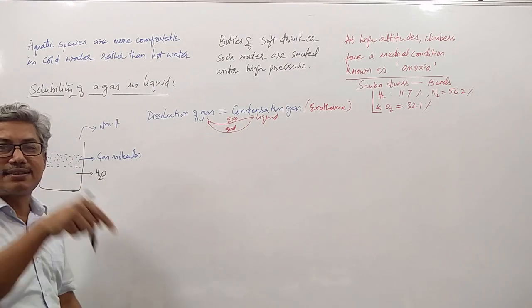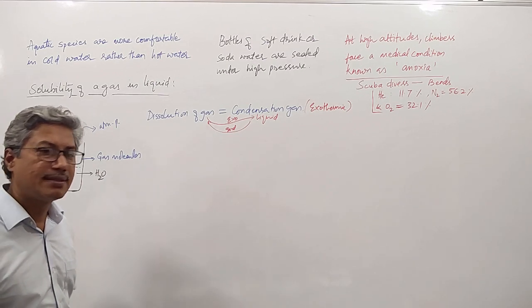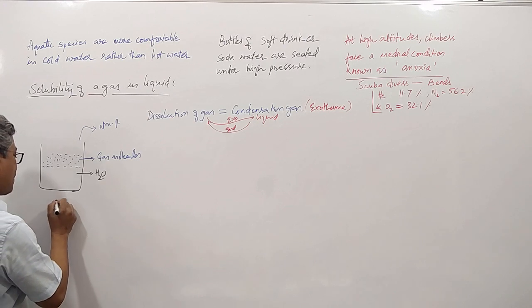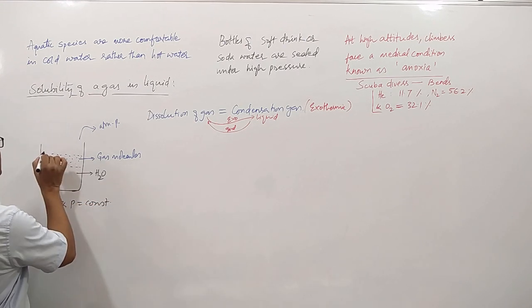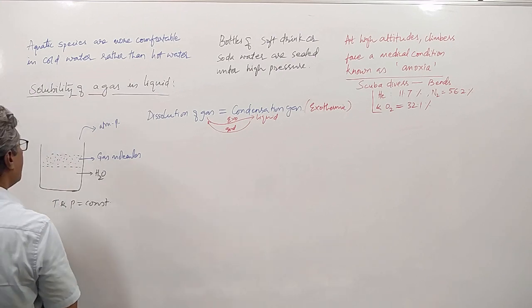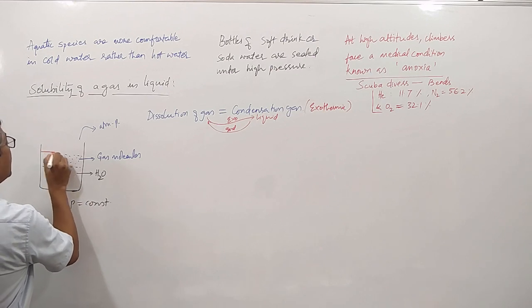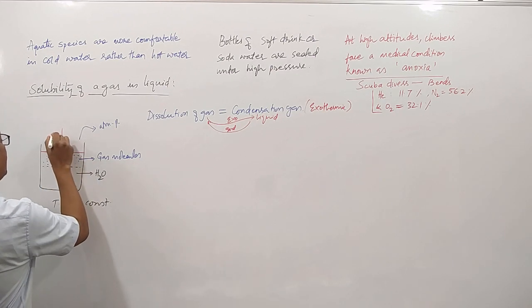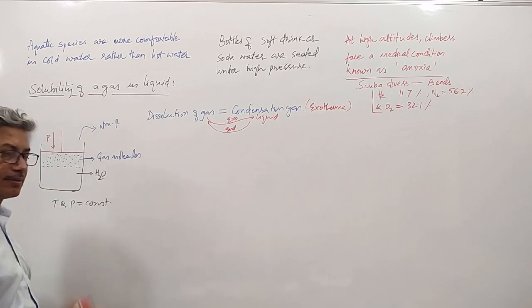Now, suppose we want to increase the dissolution of gas into water. How can we do it? See, students, surrounding temperature and pressure are constant. Then what we do is we apply pressure on this. How to apply pressure on this gas? We use a piston. Then we increase pressure by putting weight or pressing it.